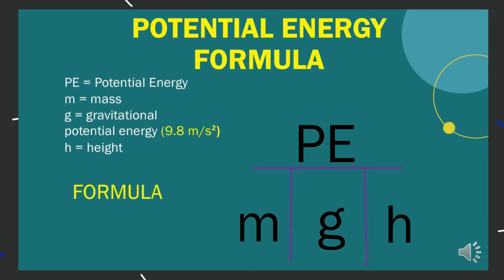Potential energy is equal to mgh, wherein PE is equal to potential energy, m is equal to mass, g is the gravitational potential energy of the object, and h is equal to the height. Remember that the acceleration due to gravity is equivalent to 9.8 meter per second squared.